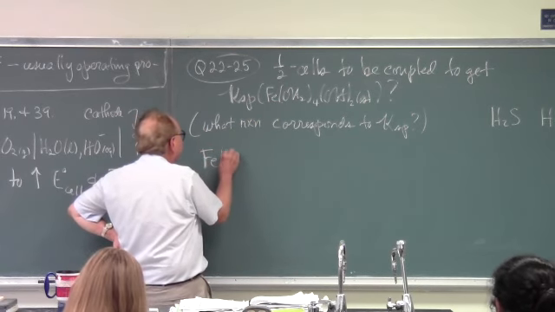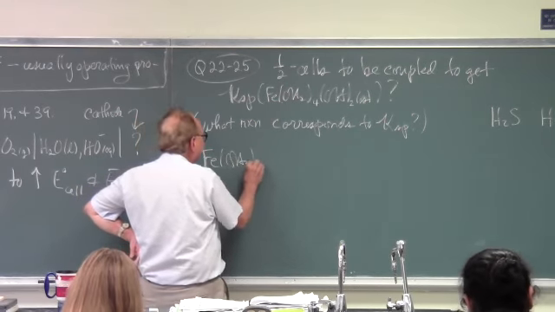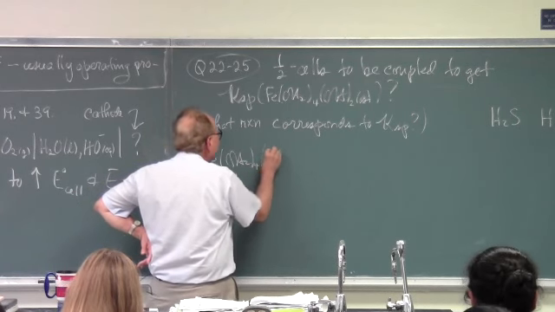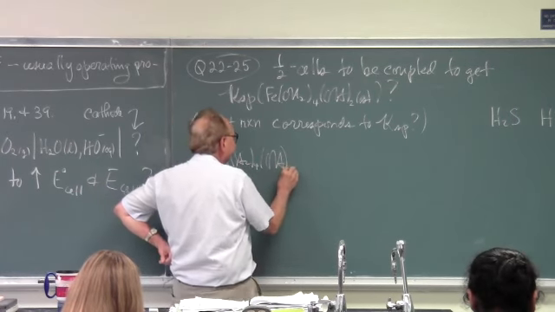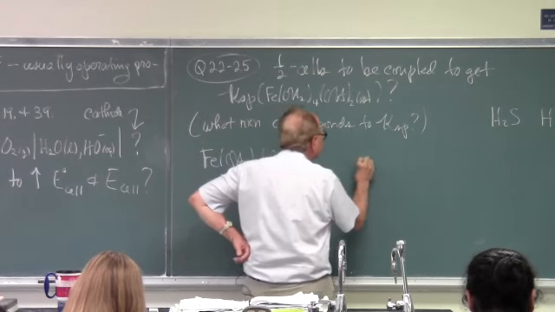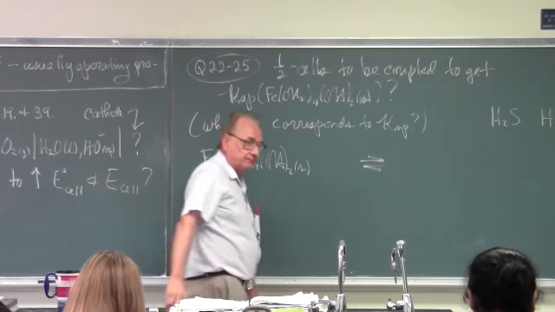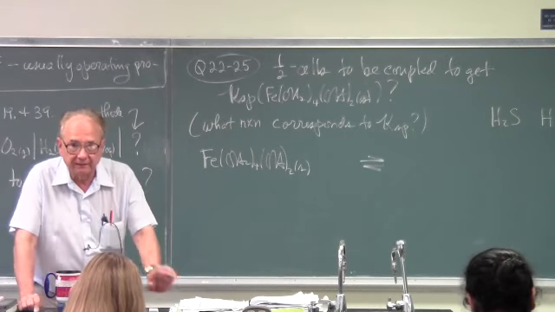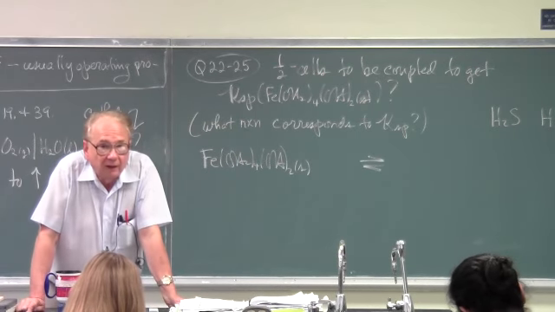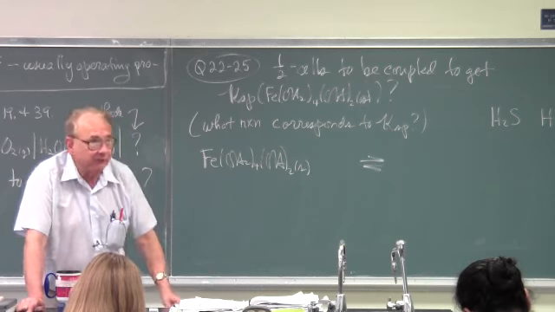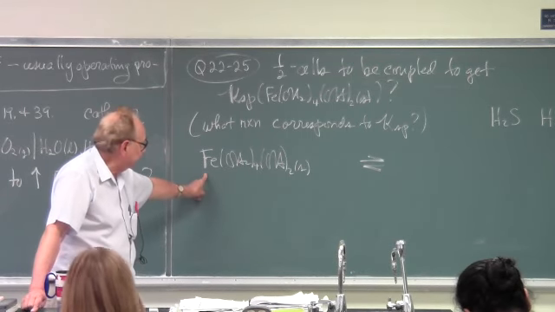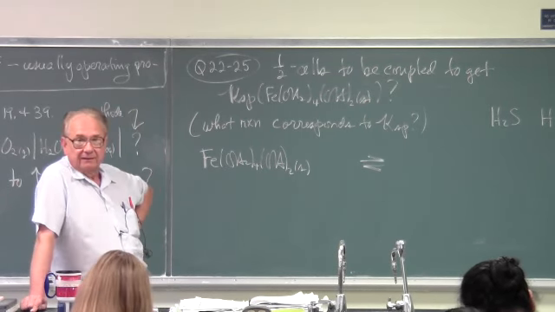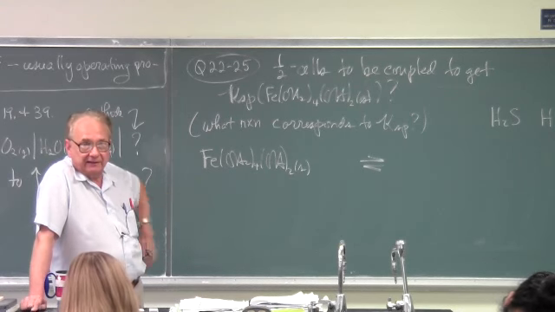So let's write that first, in the event that you've not yet done this. And then answer the question, what ions must react with each other to make this stuff? What are the ions that react with each other to make this stuff?